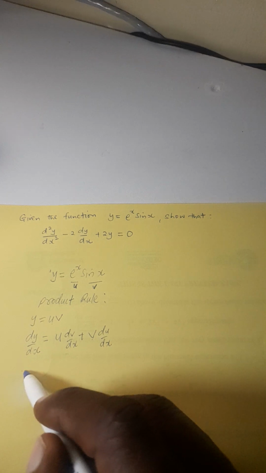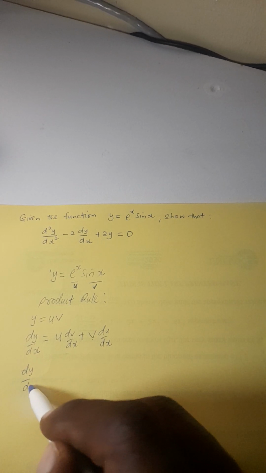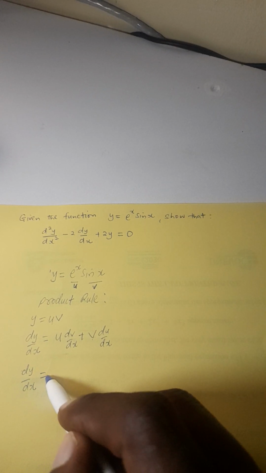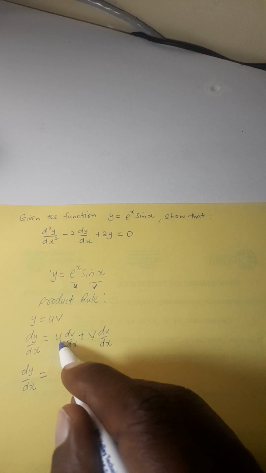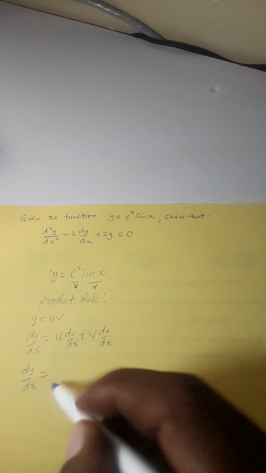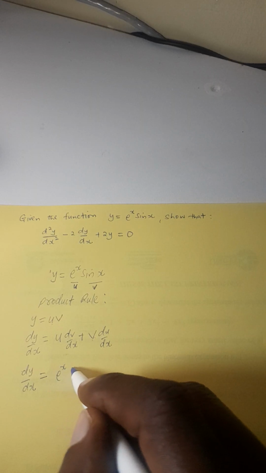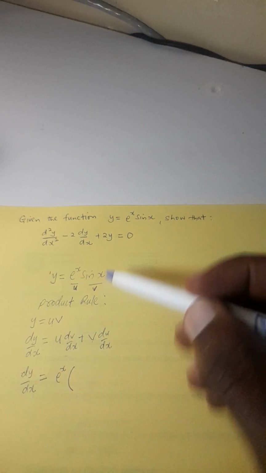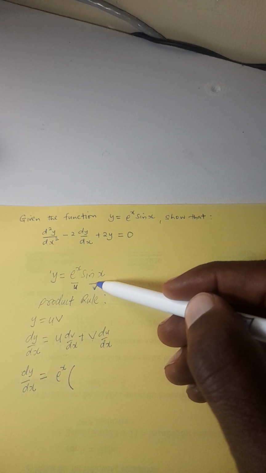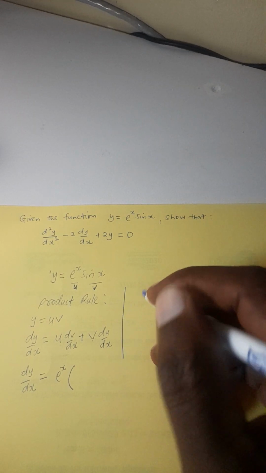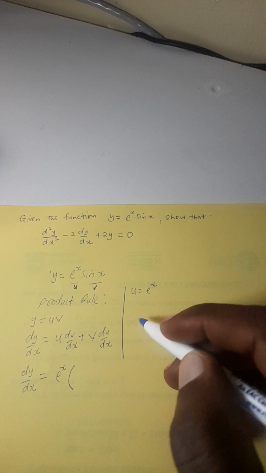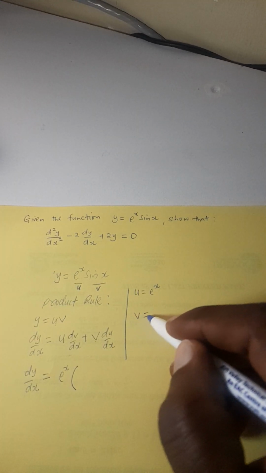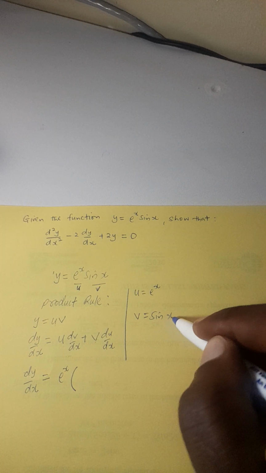So to get the first derivative, dy dx, it will be equals to u dv dx. Now u we are going to replace with e^x times the derivative of v, which is sin x. So I can write it this way: u is equals to e^x and v is equals to sin x.